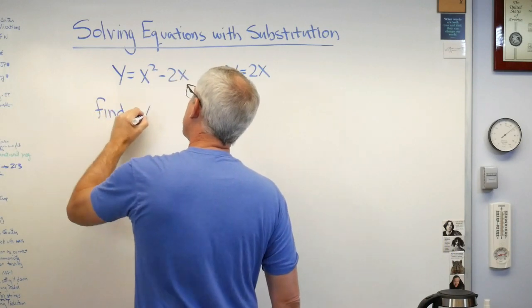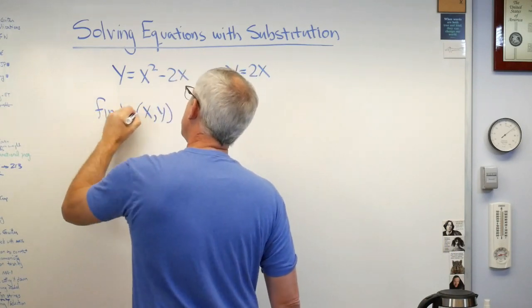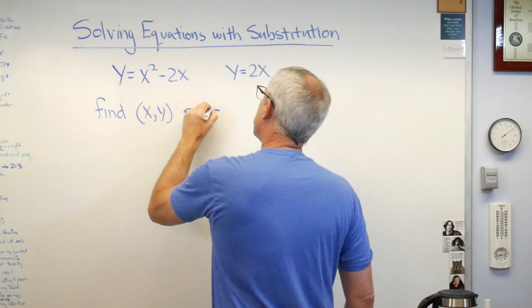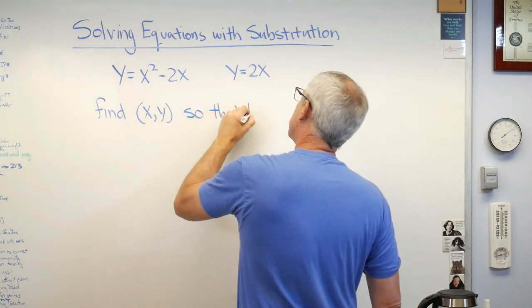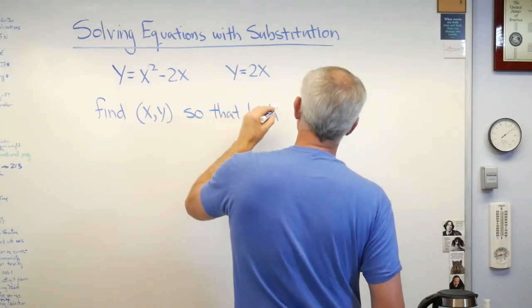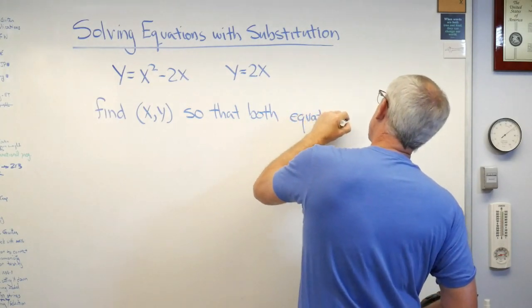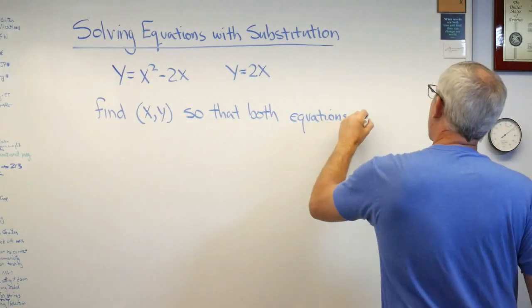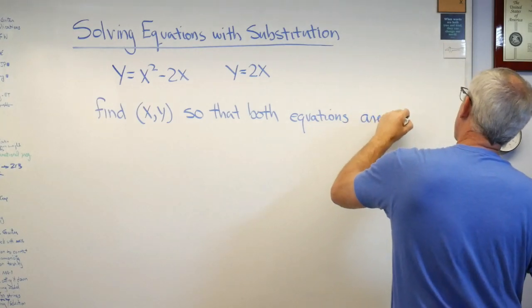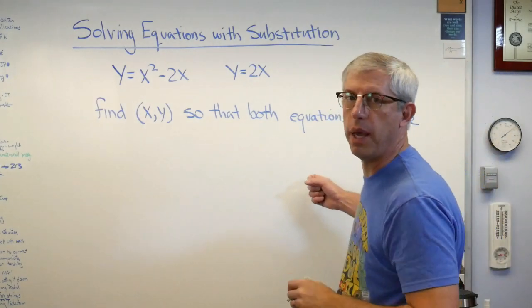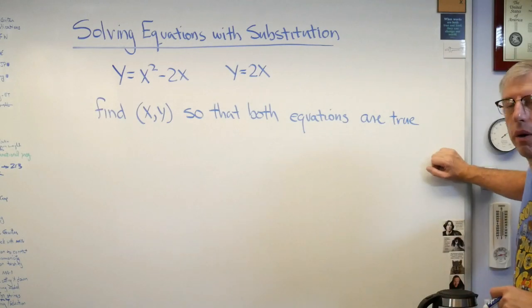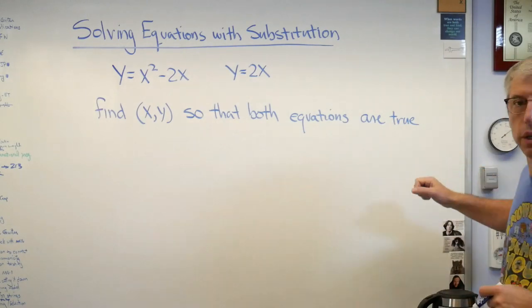So find x, y, two numbers, so that both equations are true. That's what it means if you're solving a system of equations.